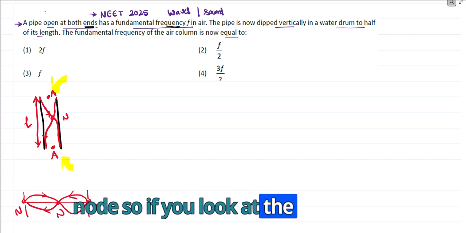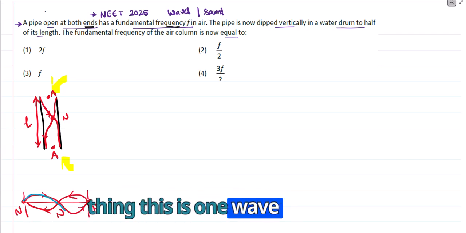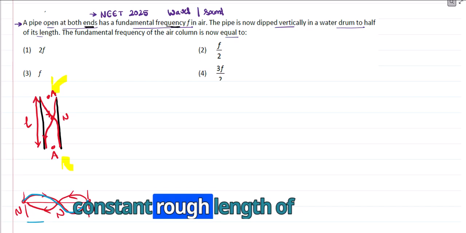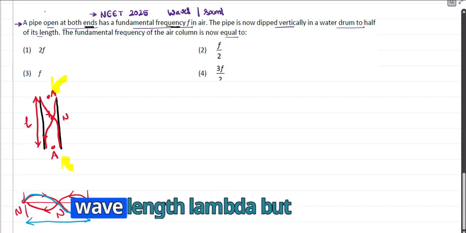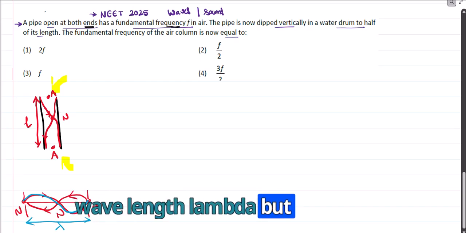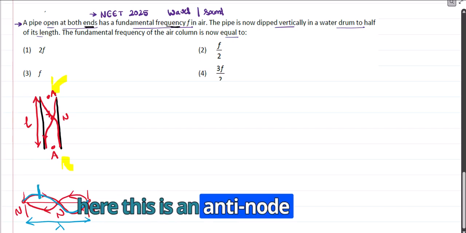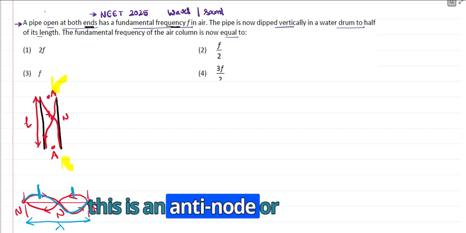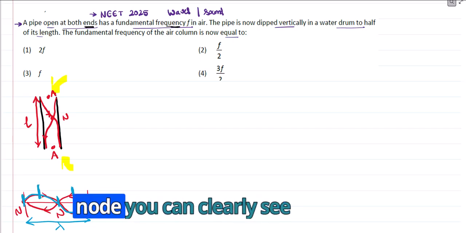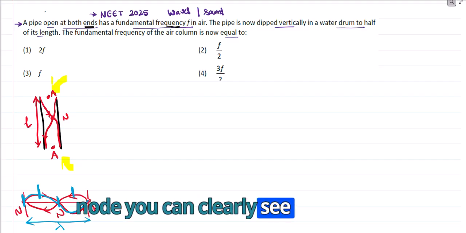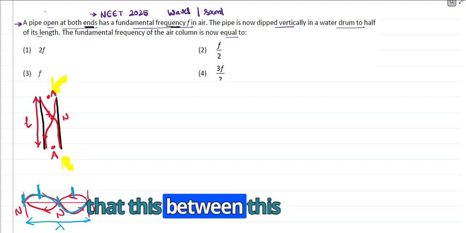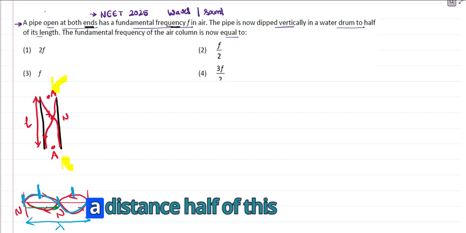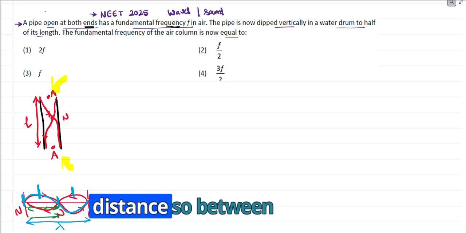So if you look at this, this is one wave, crest and trough. The length of that one wave is called wavelength lambda. But here this is an antinode, this is an antinode, or this is a node and this is a node. You can clearly see that between this node and node we have half of this distance.